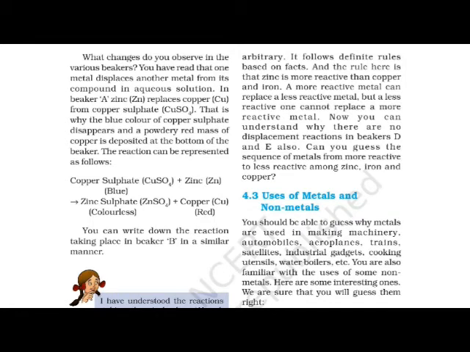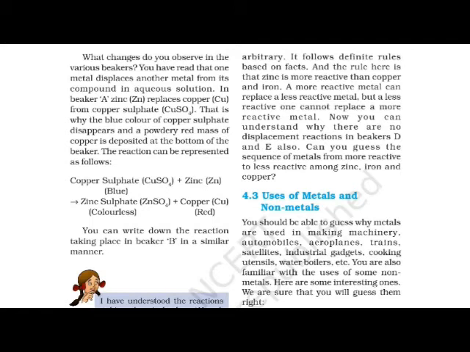We should know some of the rules that are very important to understand the reactions in beakers C, D and E. You can see in beaker C, zinc sulfate and copper, where the copper is not able to replace the zinc. In iron sulfate and zinc sulfate in beakers D and E, the same thing can be seen.